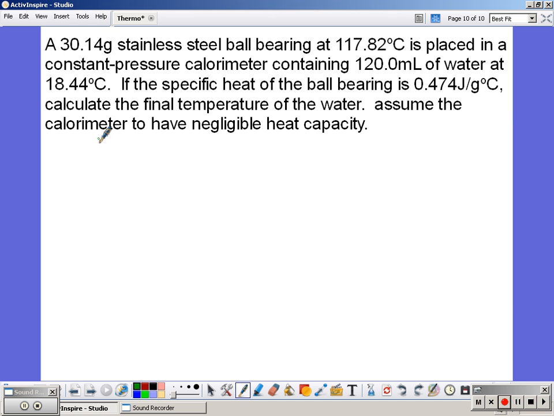So if we can calculate the amount of heat lost by the steel ball bearing, then we can figure out the heat that the water absorbed. So we'll take the mass of the ball bearing times the heat capacity of the ball bearing times the change in temperature.